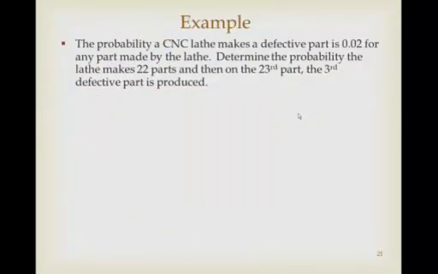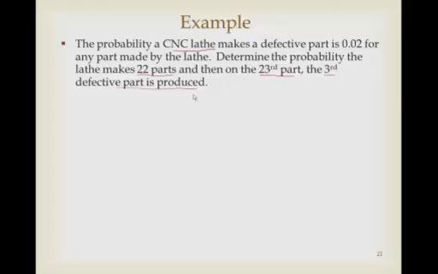Now we want to see the probability that a CNC lathe makes a defective part. It's 0.02 for any part made by the lathe. Determine the probability that this lathe makes 22 parts, of which 2 have to be bad somewhere in there, and on the 23rd part, the 3rd defective part is produced.